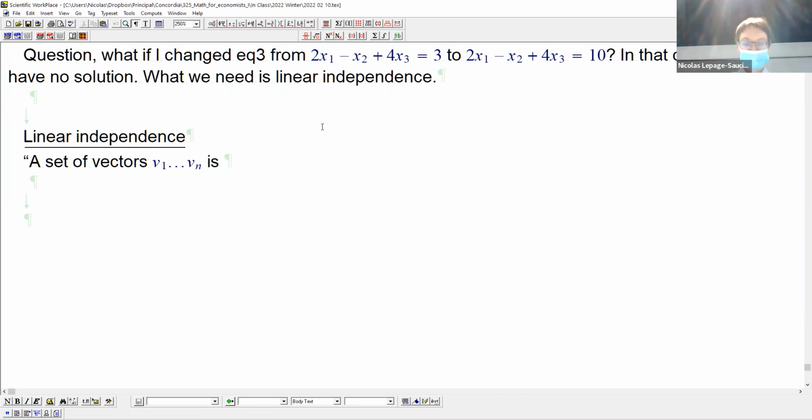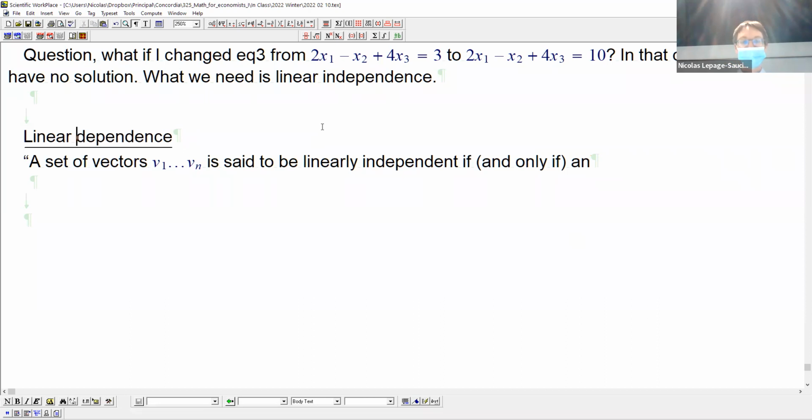It is said to be linearly independent if and only if... Yeah, so now I'm describing linear dependence, but independence is the opposite.